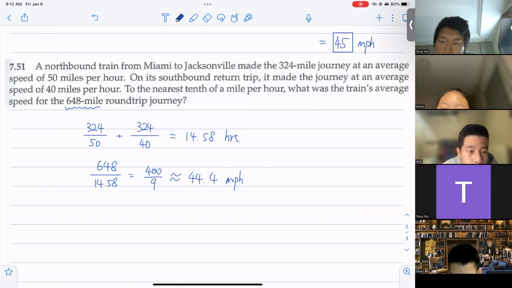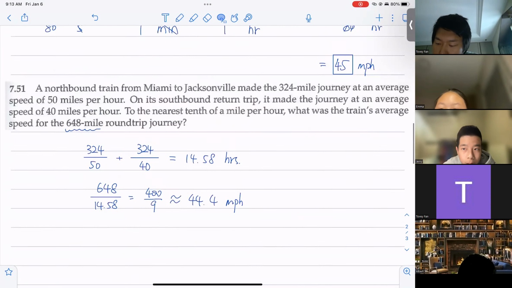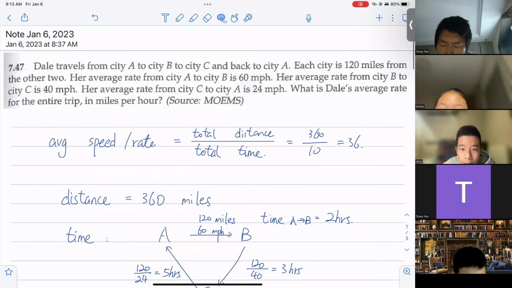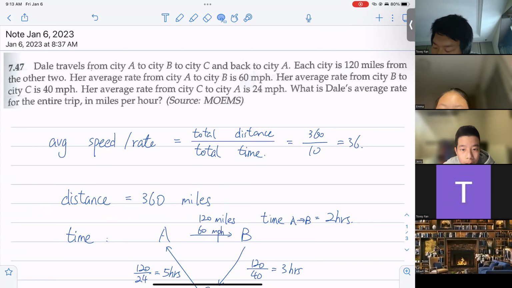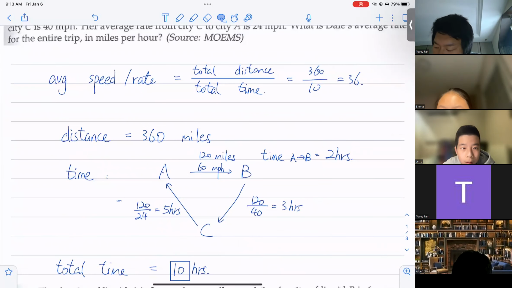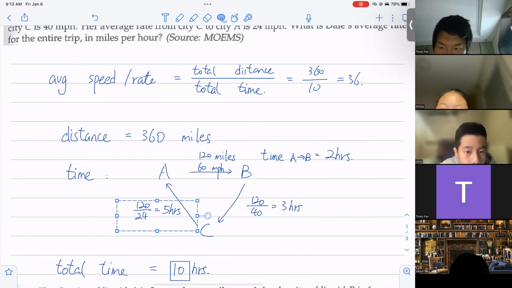Okay, does that make sense, Emma, Jerry? Yeah, so for average speed, always make sure you have the total distance and the total time. Usually, as you see from this question and the first question today, it gives you the total distance easily. And for the total time, you have to do a bunch of division to find out the time someone spent on each part of the travel, and then you add them up to find the total time.